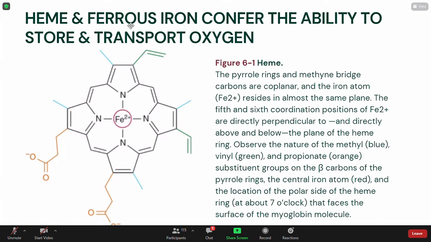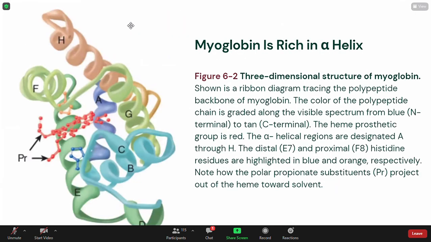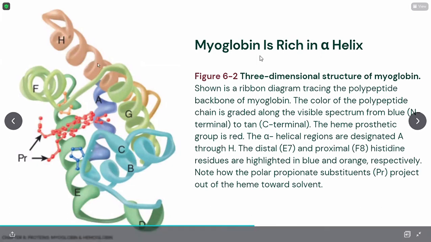So this is the heme cleavage of your myoglobin. The letters here are, of course, your helices.